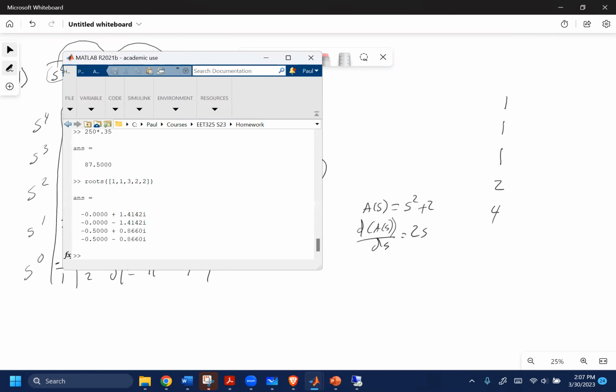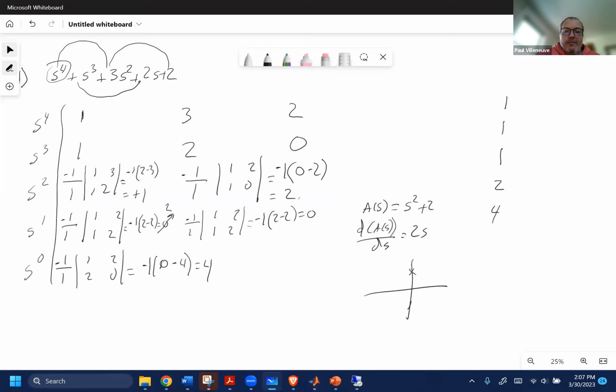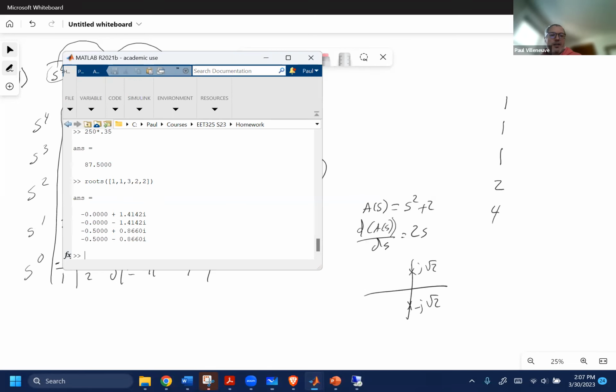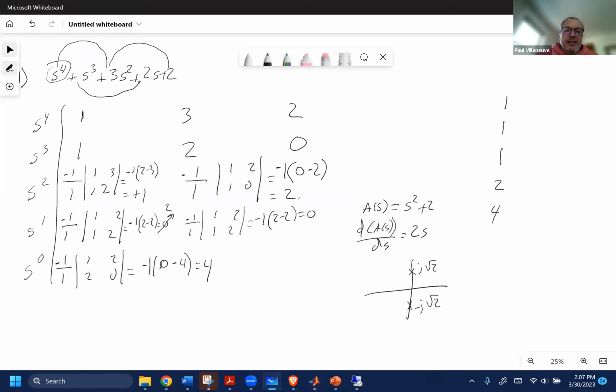If I plot those, I have plus or minus j square root of 2, and the other ones are minus 0.5 plus or minus j 0.87. So minus 0.5 plus j 0.87 and minus 0.5 minus j 0.87. Are there any poles in the right-hand half plane?